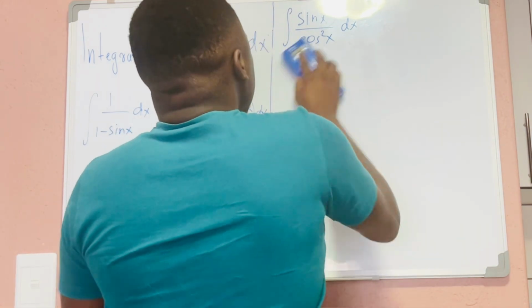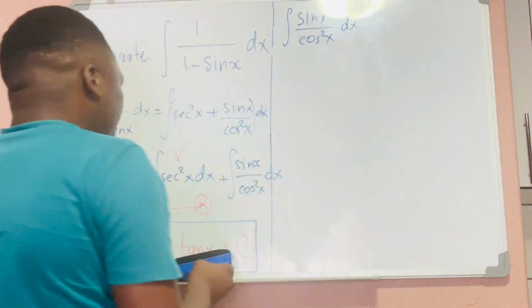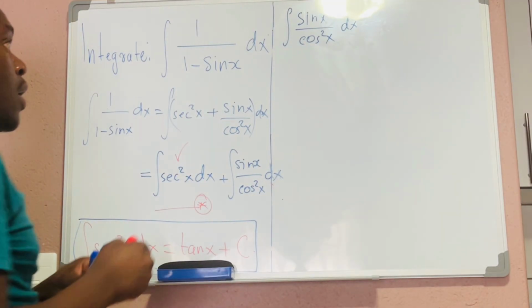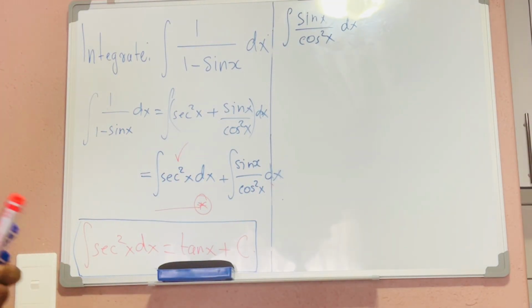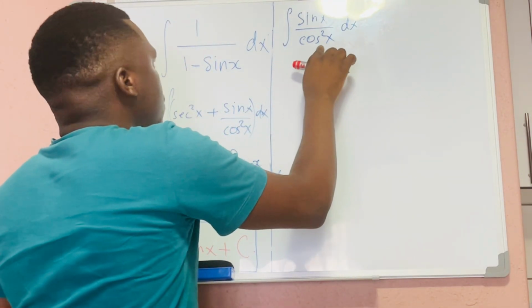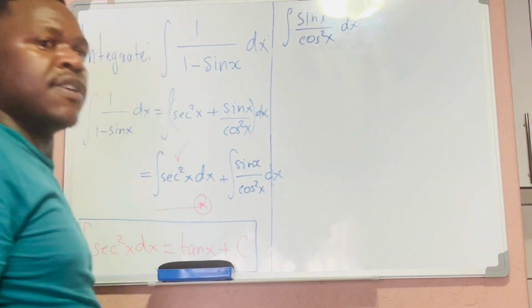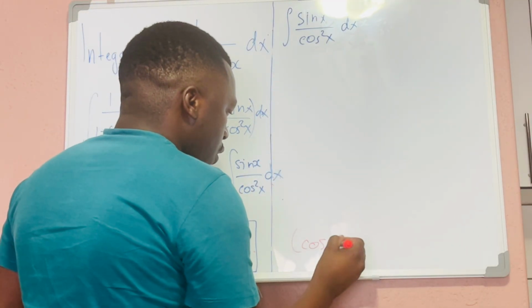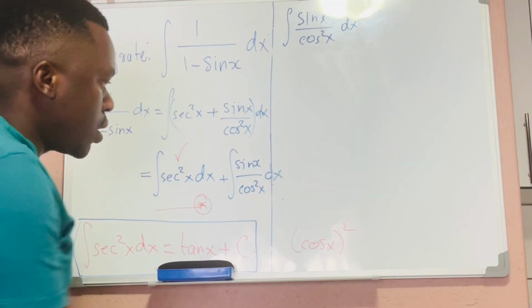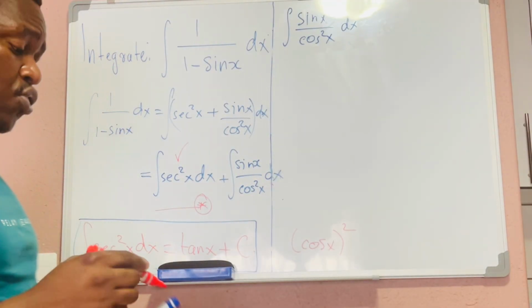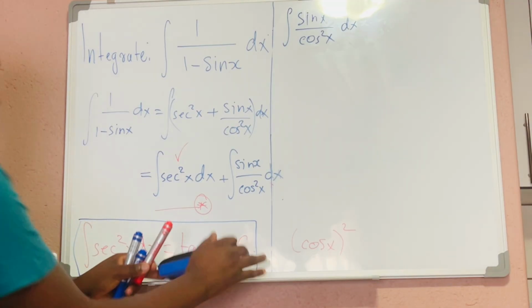All right, but we are into applying that u substitution in our guide there. So which one seems to be a composition? We can see that this seems to be a composition, plus we can express this as a cosine of x to the power of 2. So we have a function inside and a function outside, which is raised to the power of 2.